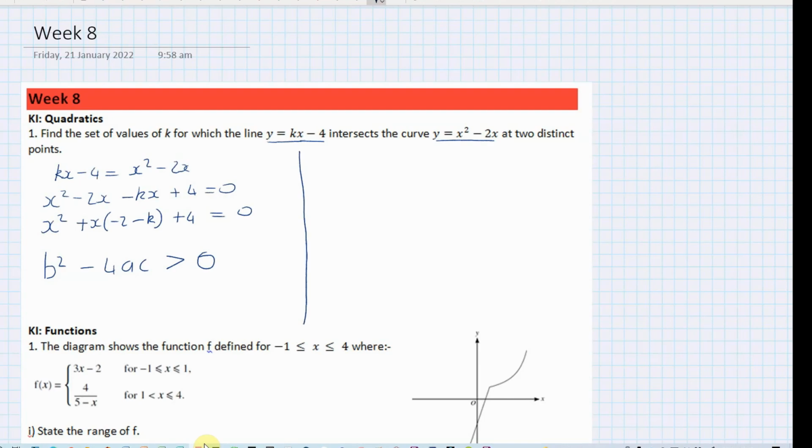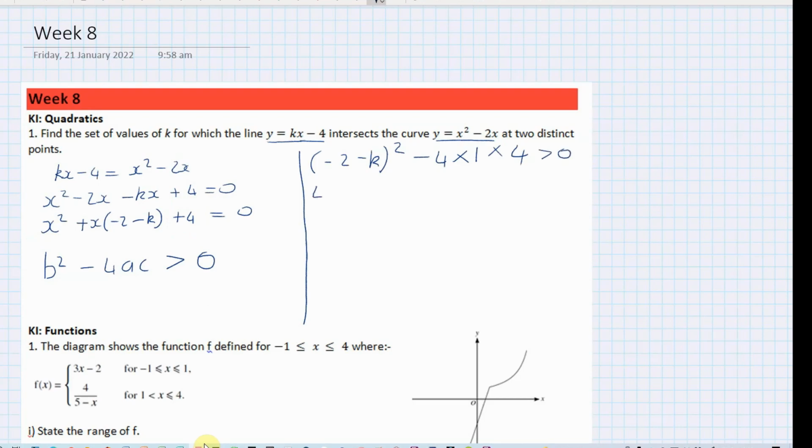Well, b squared is, b is made up of minus 2 minus k, so we've got to square that, minus 4 times a, which is the coefficient there, which is 1, and times c, which is the 4, and that should be greater than 0.